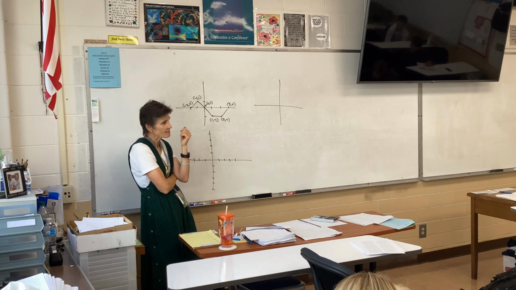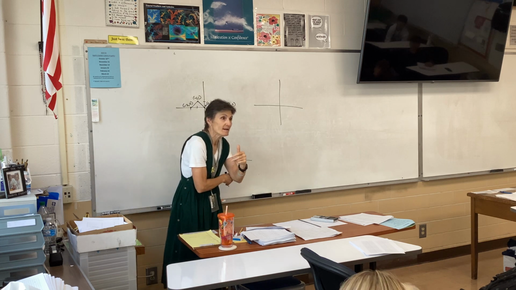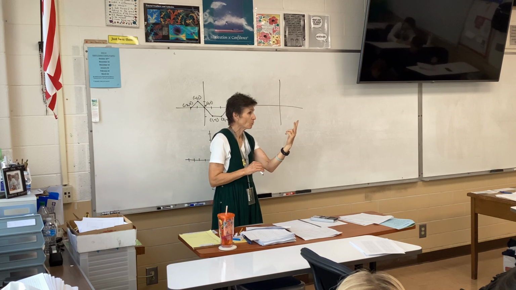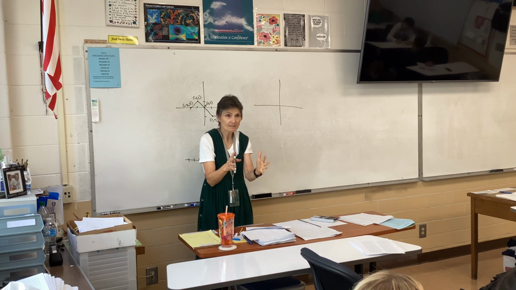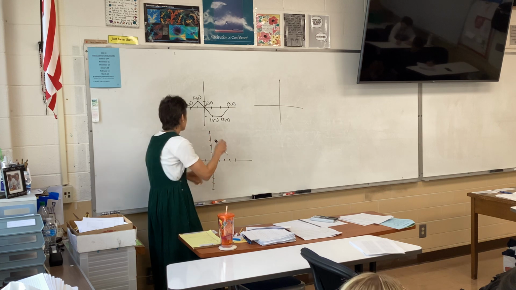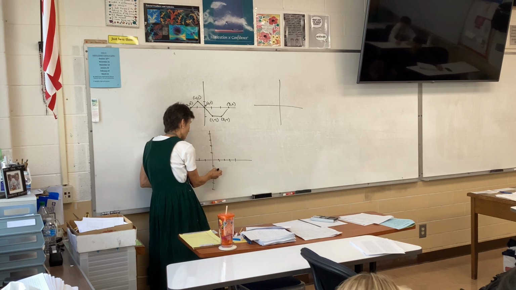Any wild guess how I'm going to graph the inverse? Nyla? Exactly. Remember when we were writing the equations, guys? Remember how we flipped the x and y? You're going to do exactly the same thing, only you're flipping the points. So instead of graphing -2, 0, you're going to graph 0, -2.